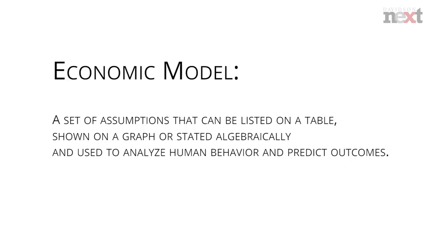As we start to plot points on the frontier, we are assuming that all available resources are being used to the fullest potential. Remember the definition of economic model? A set of assumptions. So here's our first assumption of our model, that all resources are being used to their fullest potential.